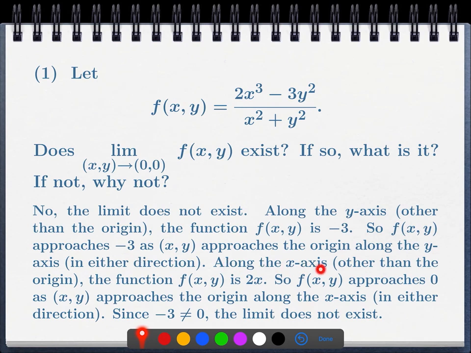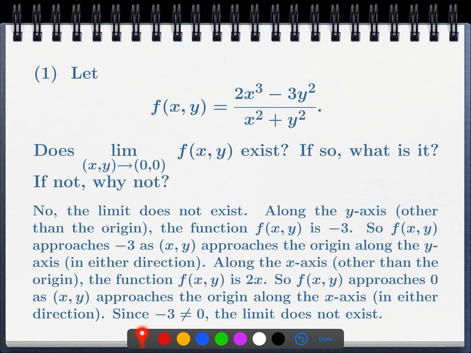If we go along the x-axis where y equals 0, these terms will go away, and you'll have 2x cubed over x squared. So this will just be 2x. And so the value of our function is 2x on the x-axis, except at the origin where the denominator is 0.